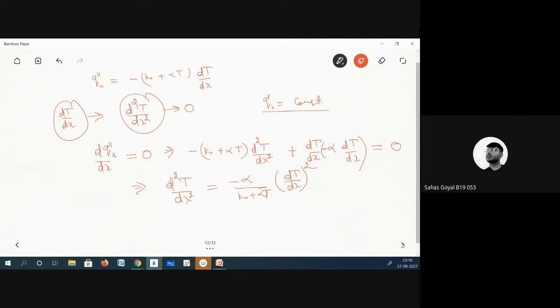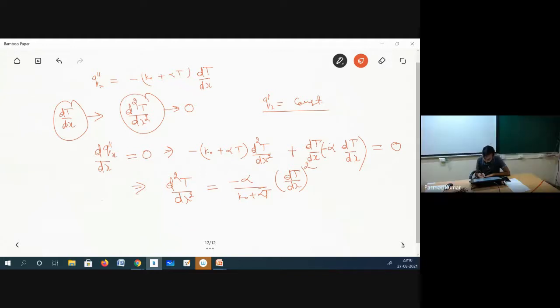Yes, sir. Now if you see, this k naught plus alpha T will always be positive, because k naught is a positive constant and alpha T is adjusted in such a fashion that thermal conductivity, being a property, will always have a positive magnitude.